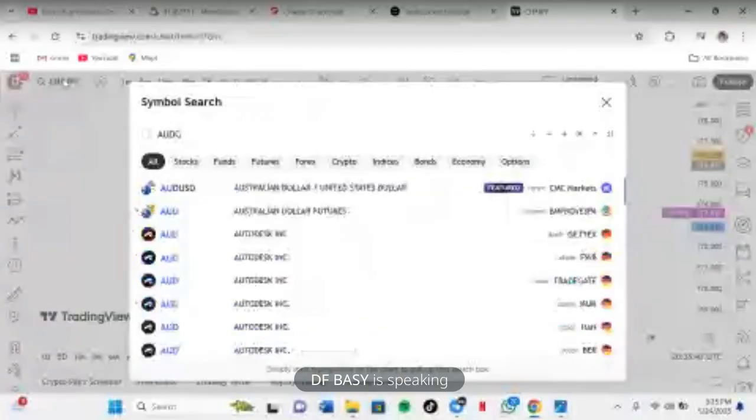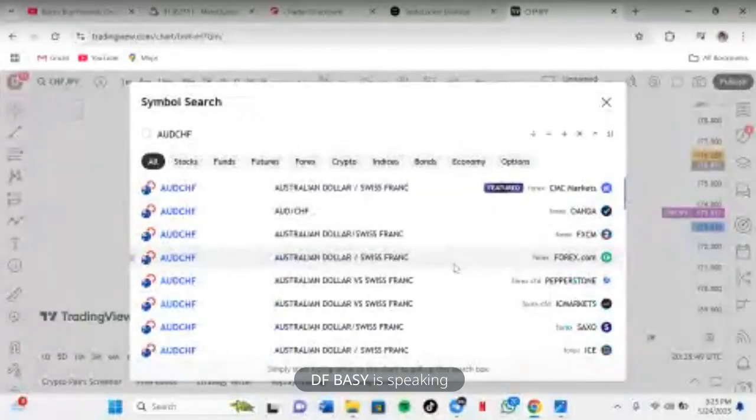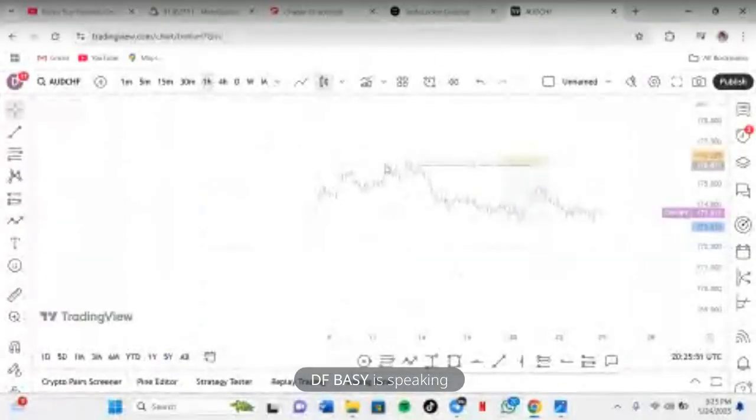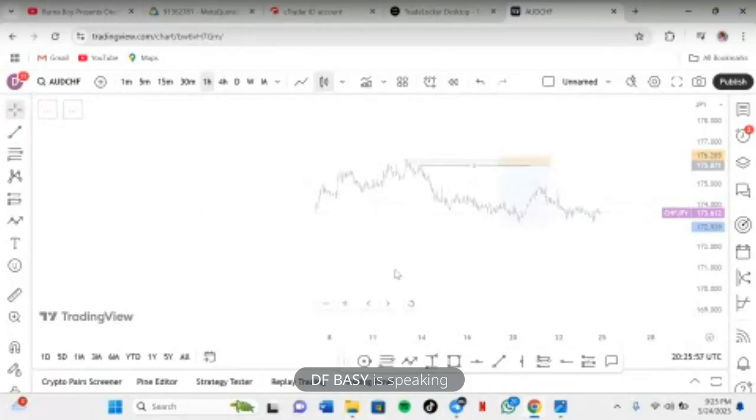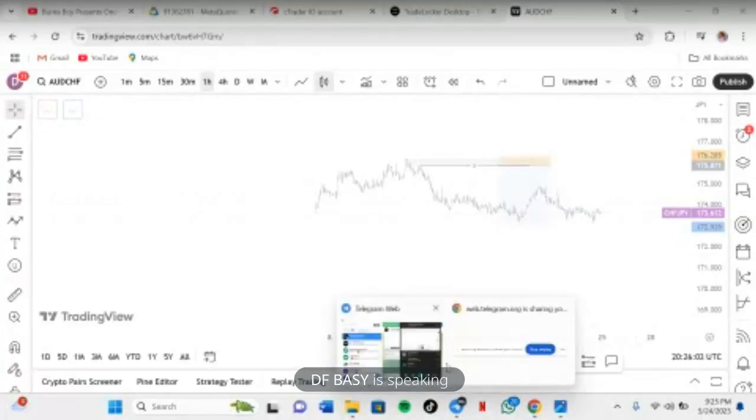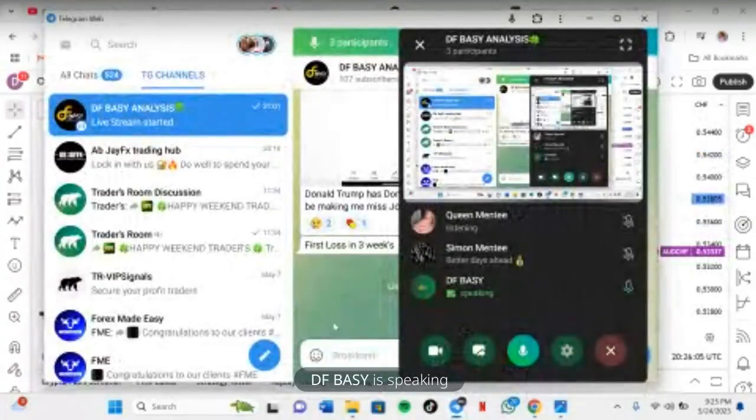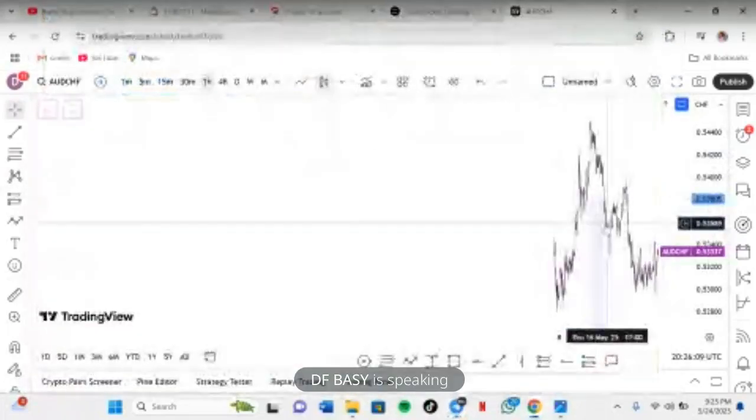I want you guys to clearly see how the market structure is, and AUD CHF has been trending in a very clean structure. What's happened with the network? Hope you guys can hear me. Yes, sir. Okay.